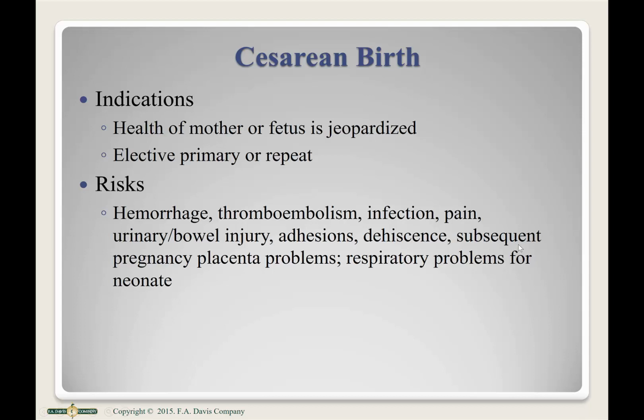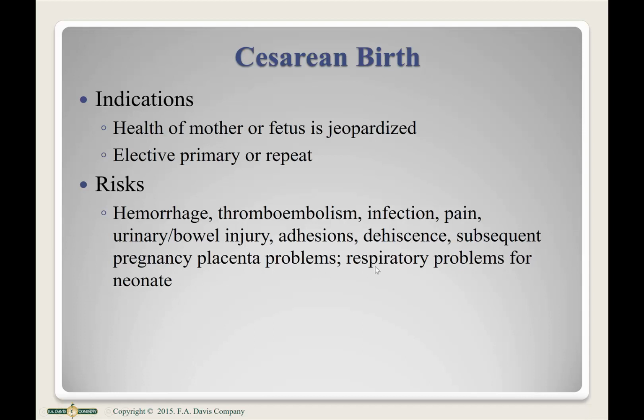For future pregnancies, she could now have placental problems. She can have one of those percreta, increta, accreta problems. Or she could have an abnormally placed placenta because of scar tissue from a cesarean section.